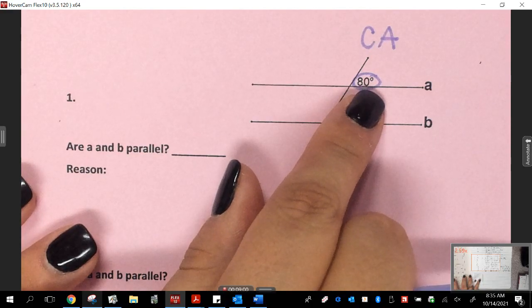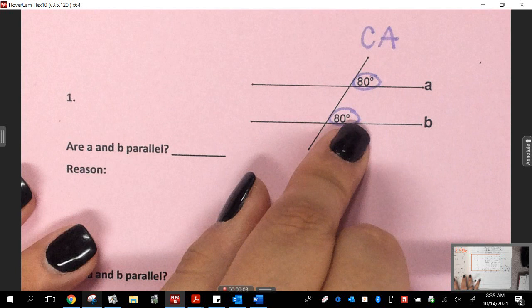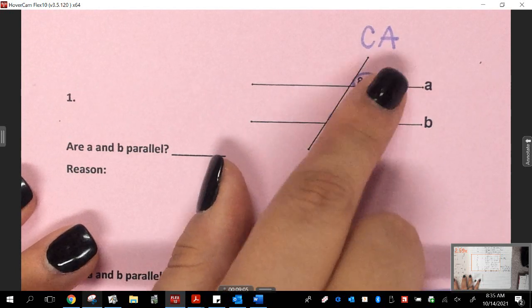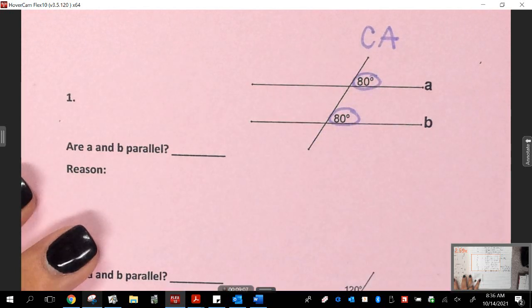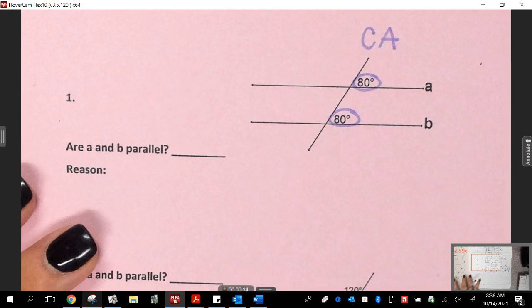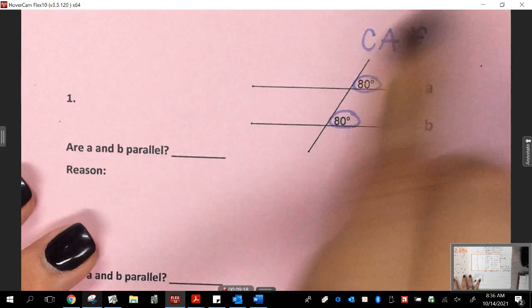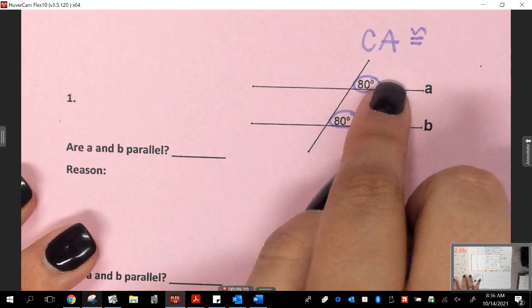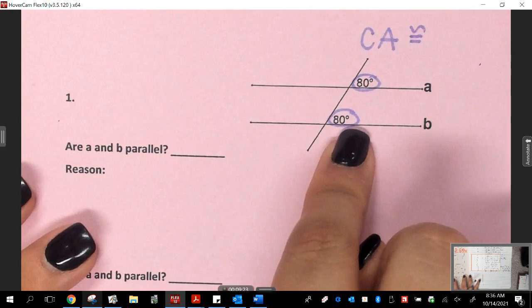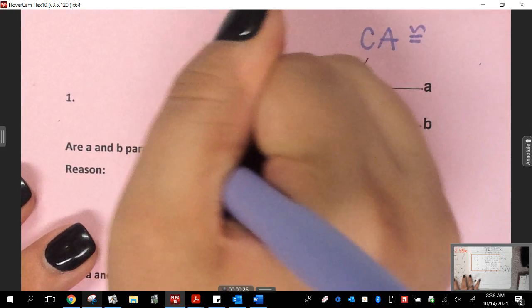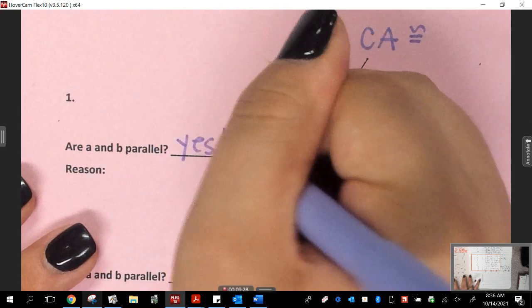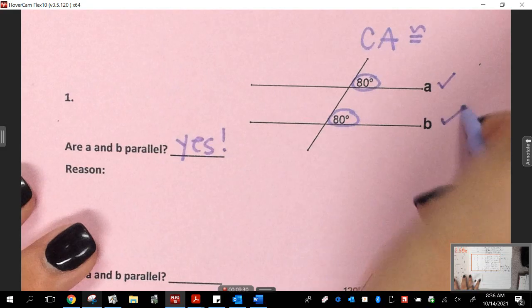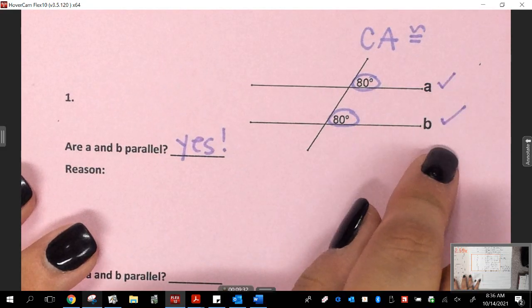One is inside, one is outside. They're in the same corner. Okay, pause. Is CA congruent or supplementary? Are these congruent? Are they the same? 80, 80, are they the same? So yes, these are parallel. They never touch.